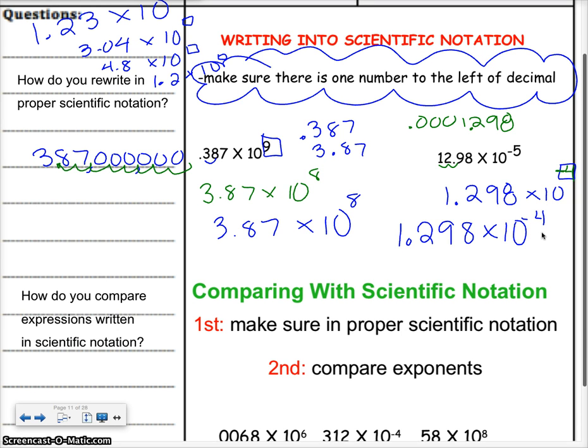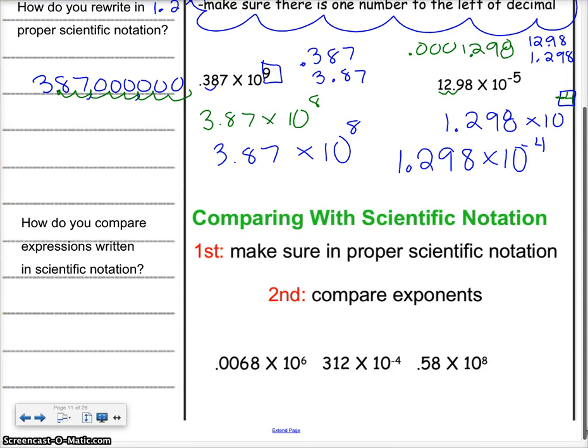You need to balance it out. Now look at this one. I went from 12.98 to 1.298. Did I get bigger or smaller? I got smaller, so let's balance that out. Since I turned my number smaller, I'm going to increase my exponent. Negative 5 plus 1 is negative 4. Got it? So that's what you're going to have to do today.